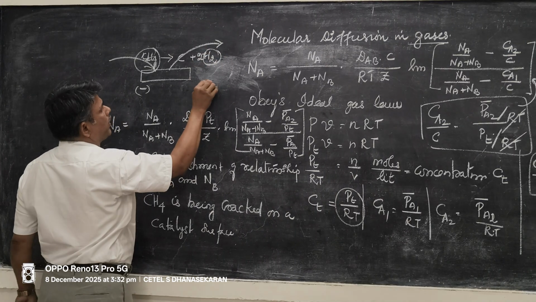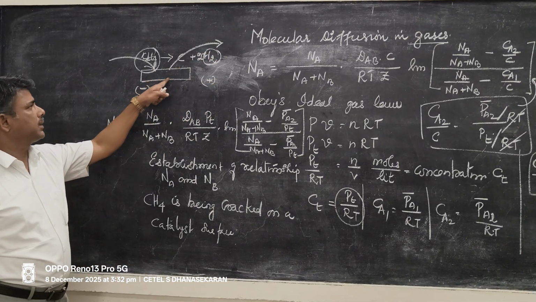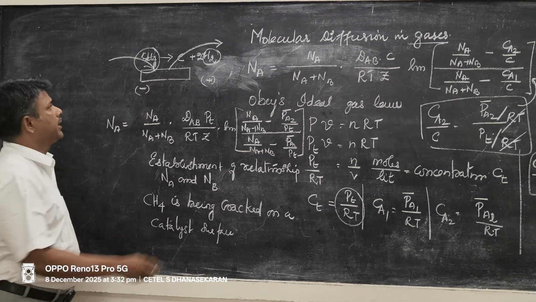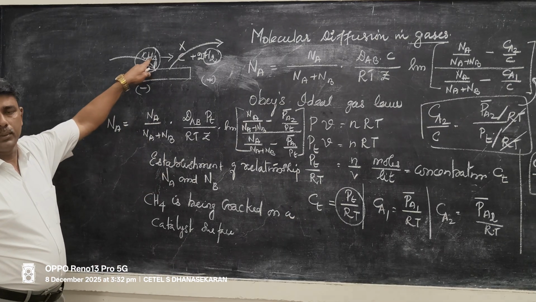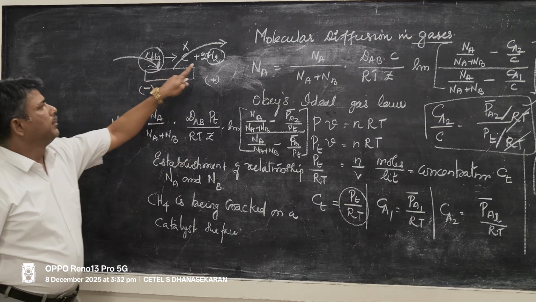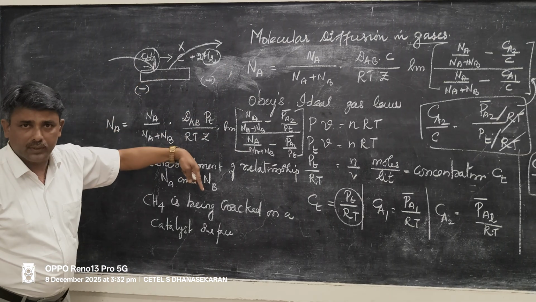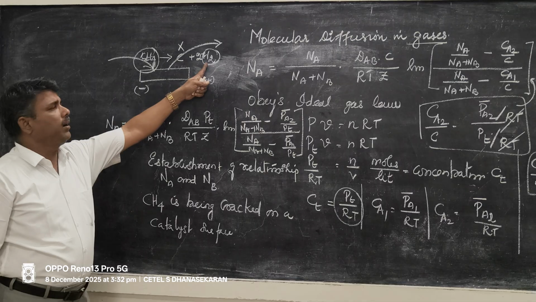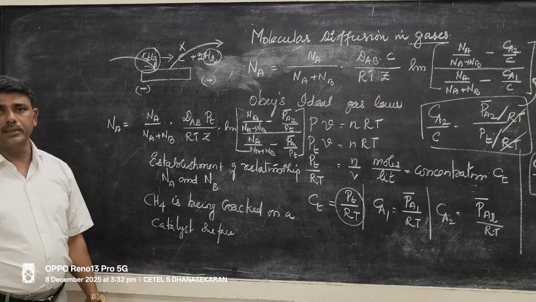Hydrogen is the product, positive side. What about carbon? Carbon is deposited on the surface of the catalyst. Ignore this one. So methane is the reactant, negative side. Hydrogen is the product, positive side. Methane enters the surface for the cracking process, and the produced hydrogen moves away from the catalytic surface.